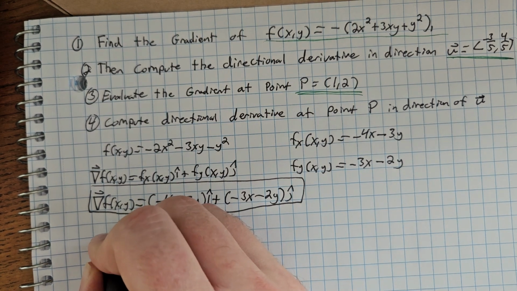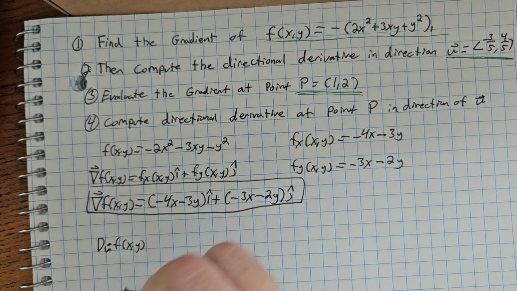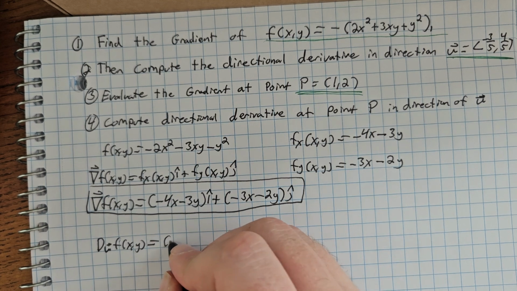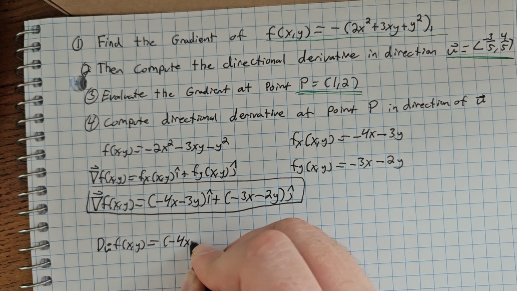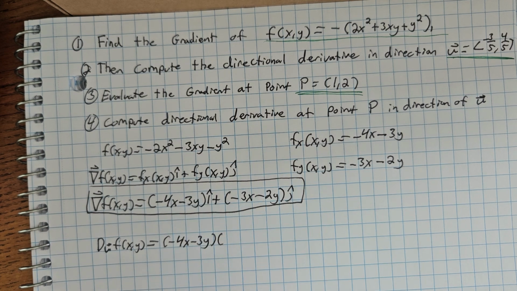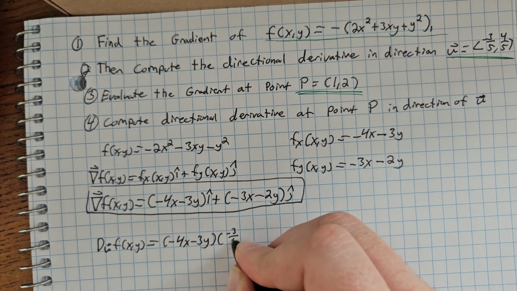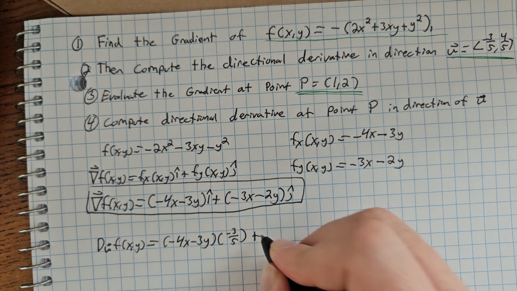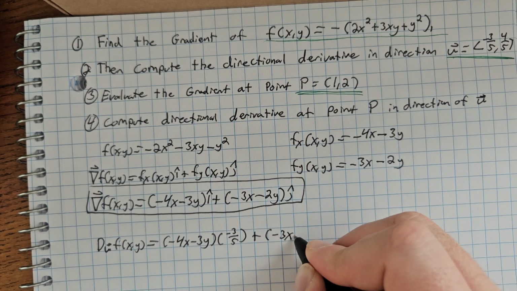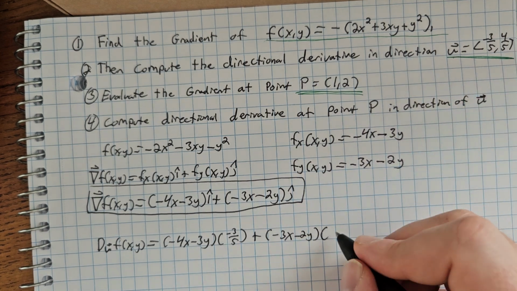So, directional derivative in the direction of u of f of x, y is equal to negative 4x minus 3y multiplied by negative 3 over 5, plus negative 3x minus 2y multiplied by 4 over 5.